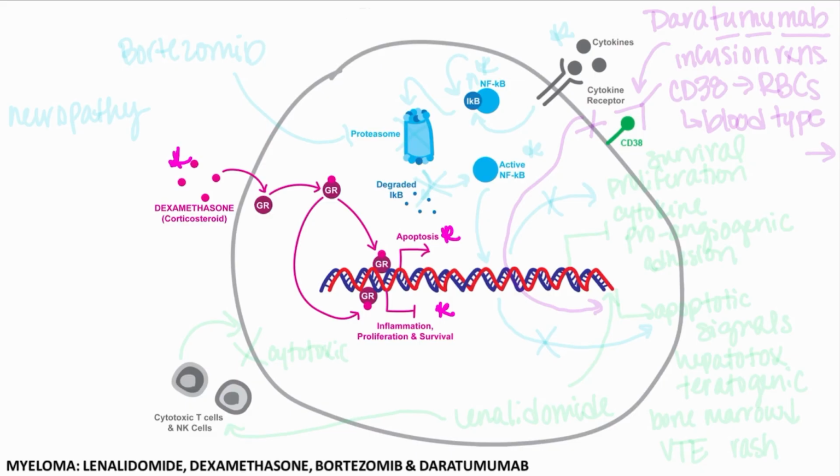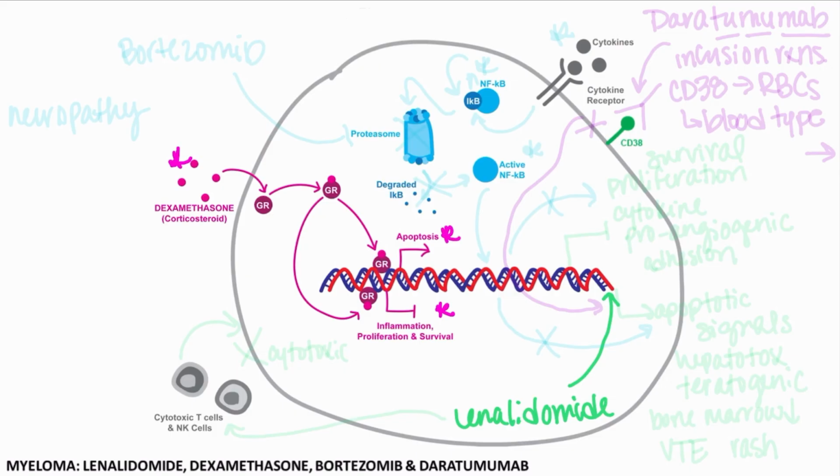Now moving forward to discuss lenalidomide. So this agent's mechanism of action is still not fully elucidated, but it's thought to mediate its effects through a number of mechanisms that all promote the apoptosis of malignant plasma cells.